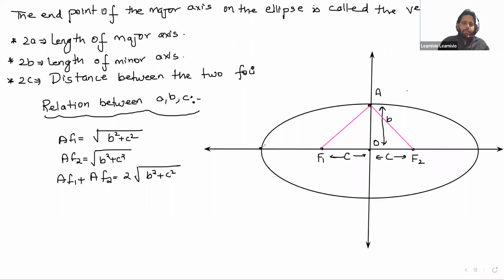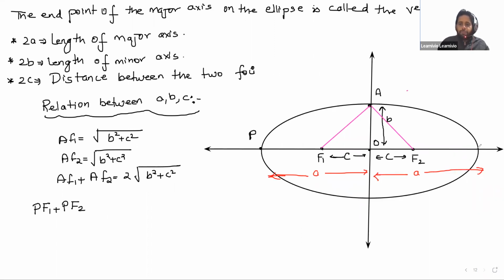Now, suppose we have taken a point P over here. This point is on the ellipse. So can anyone tell me what is PF1 plus PF2? First of all, we will mark all the points. Now, can we say that this complete is A?